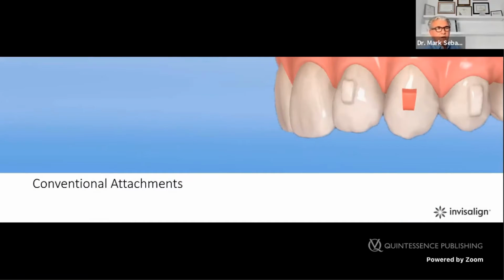Normally the splint, the aligner, is totally covering the tooth and is trying to move it around. But an attachment, and this is the conventional attachment, is a square, and it really holds the aligner in position.